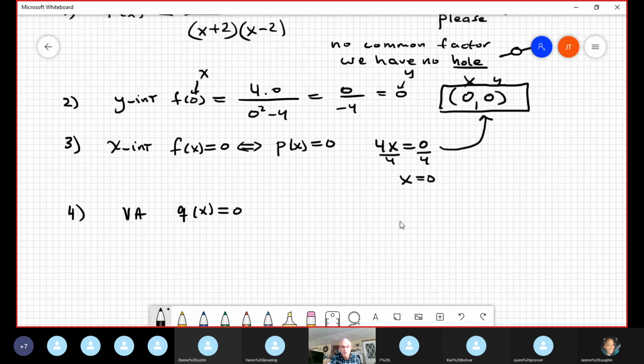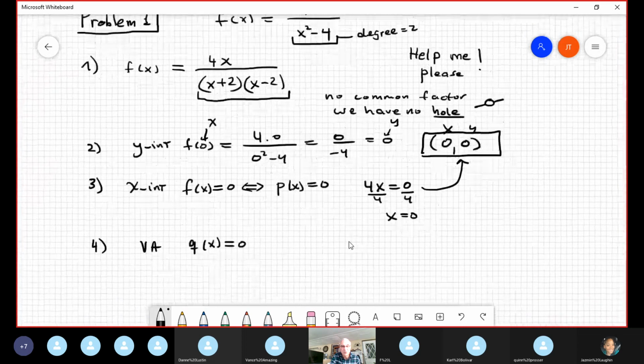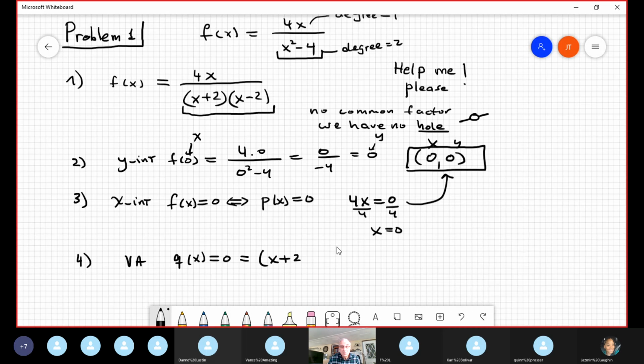What do you recommend, the original form or the factored form? In the factored form, okay, I respect that. Super. The factored form is x plus 2 times x minus 2. Then you separate using the zero factor property: x plus 2 equals 0 and x minus 2 equals 0. So x equals negative 2 and x equals positive 2.